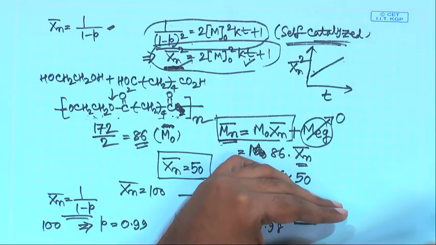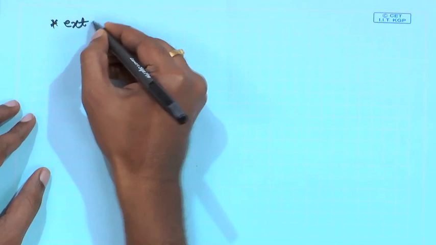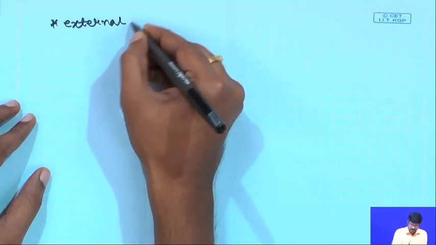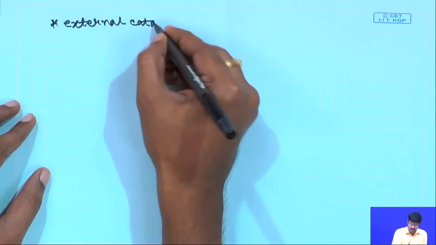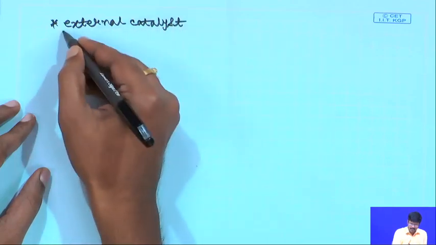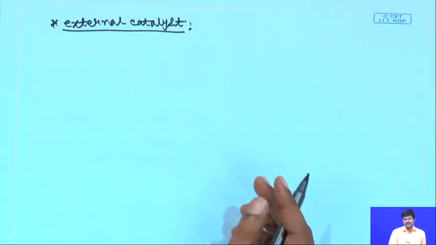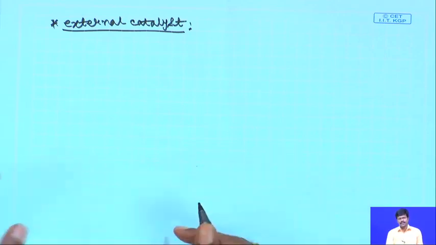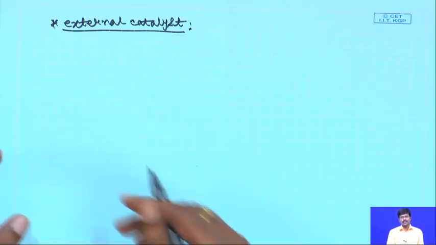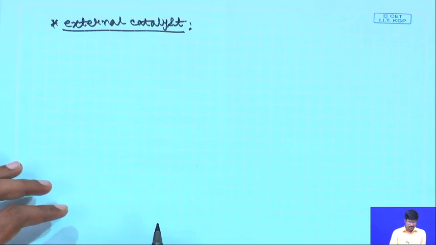So what will happen if you consider a different scenario, that is, if you are using an external catalyst? We have not yet told you how much time is necessary to go from 98% to 99% reaction, we will tell you after discussing these things.